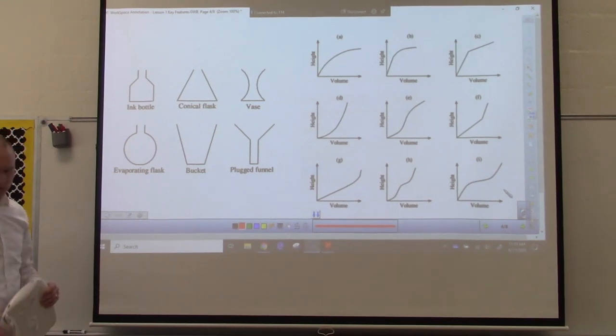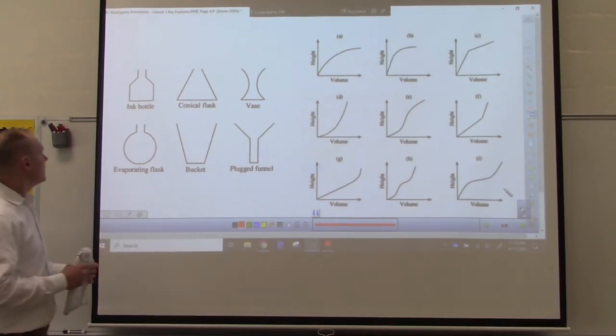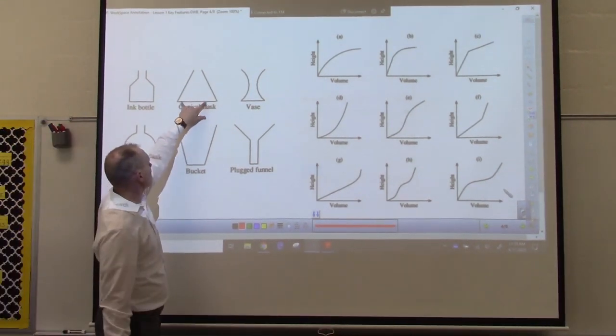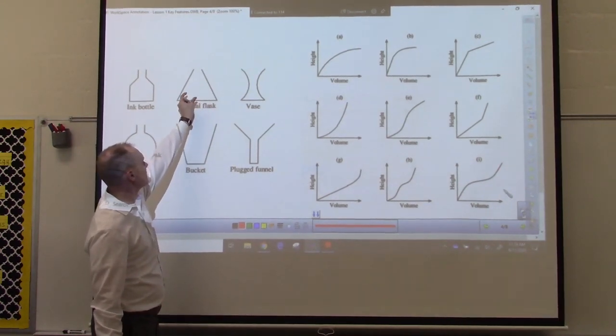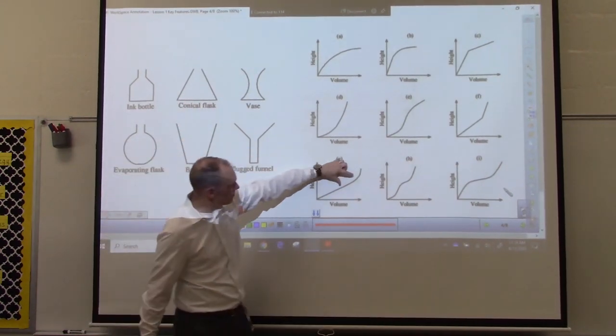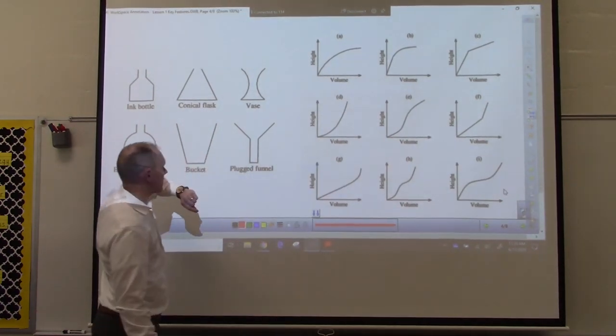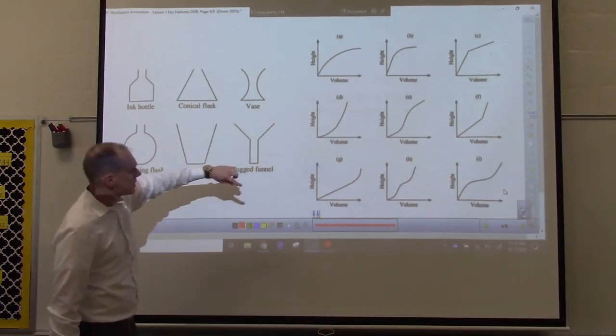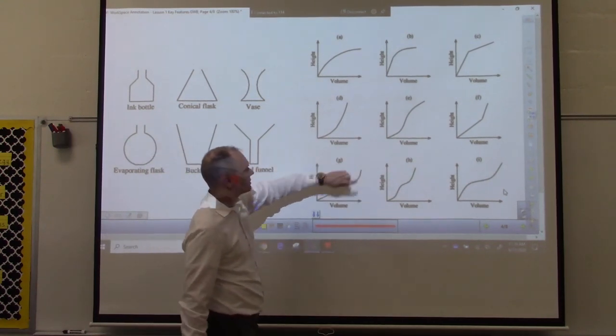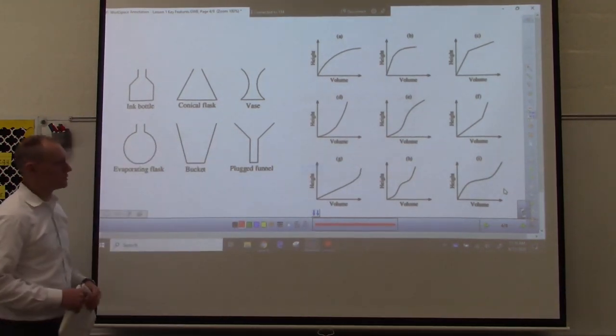Let's take the flask up next, and it starts out with a really wide base and then gets narrower over time. It's going to mirror what we saw here in the ink bottle, where it's going to slowly increase over time.